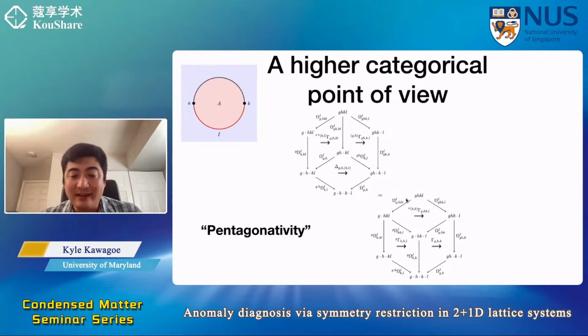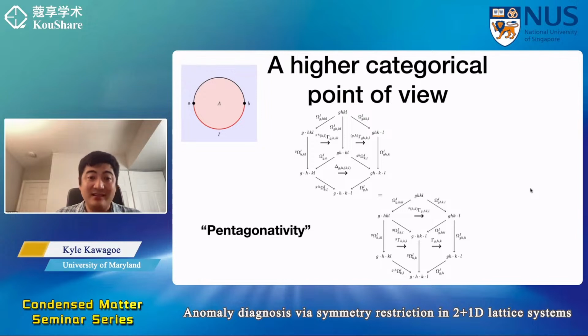And you compare that to composing this 2-morphism with this one, and so we've traversed this edge, which is the same as this edge, to the right edge in two different ways. And before symmetry restriction, at this categorical level, these two are equal on the nose. So whereas you have the square representing associativity, this equality is pentagonivity, which again is a non-standard term.